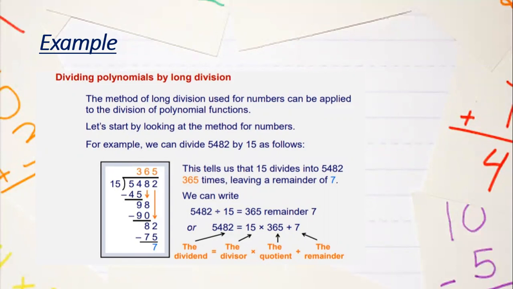So 15 is the divisor, 5482 is inside, the quotient is 365, and the remainder is 7. We could write it like this: 5482, the dividend, divided by 15, the divisor, equals 365, the quotient, with remainder 7. Or we can simply write 5482 equals 15 multiplied by 365 plus 7.